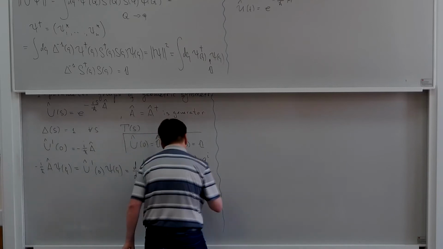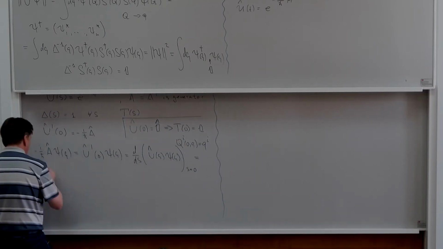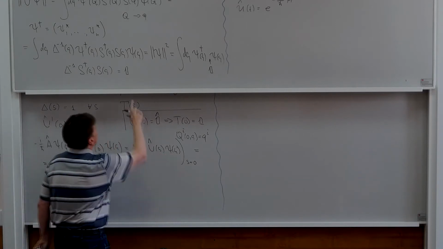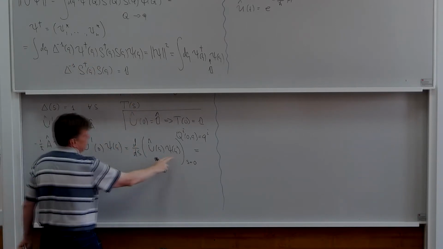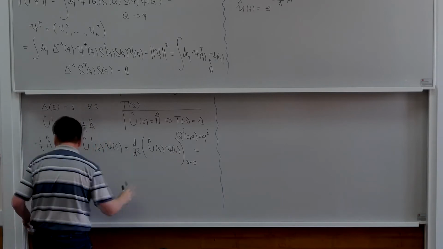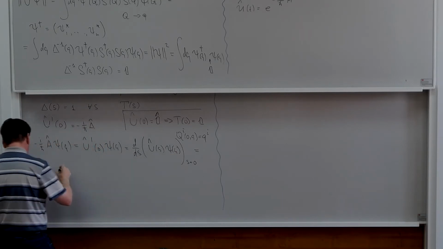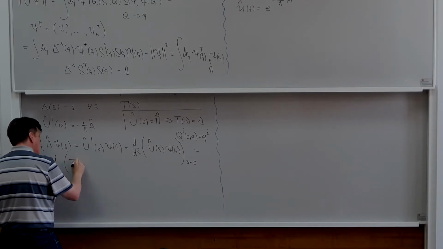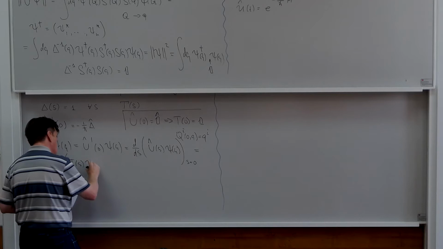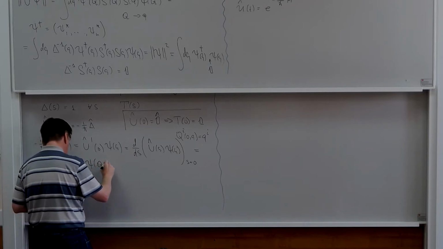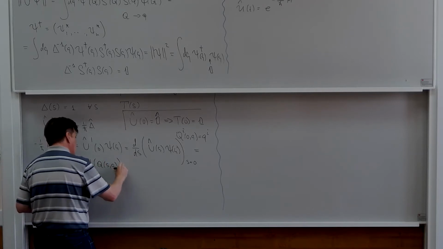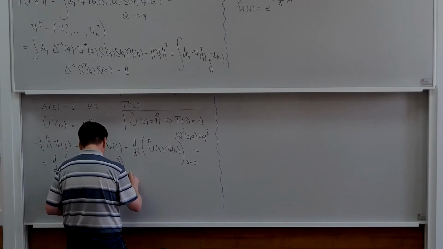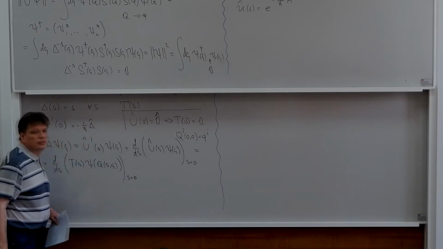But now I can continue by substituting the result of the action of the operator U on my test wave function psi. So I can write this as d ds of T of s psi of Q of s, q small, at s equals 0.